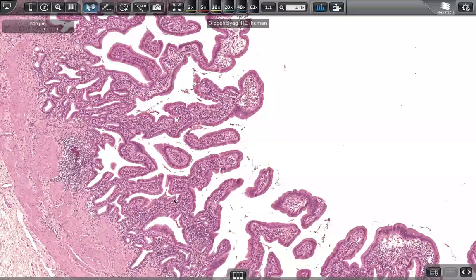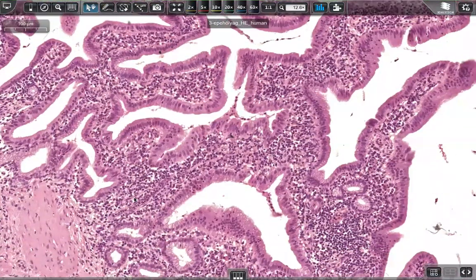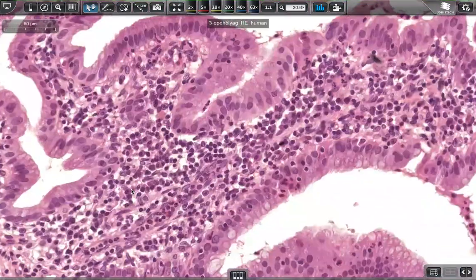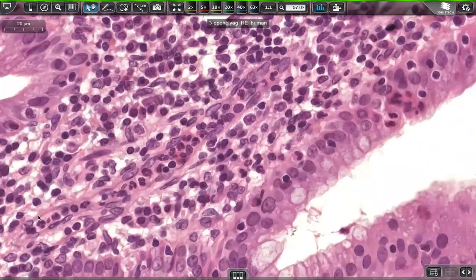Then these mucosal folds at the center represent the lamina propria. The lamina propria is a cellular rich, loose connective tissue having numerous lymphoid elements, so it's quite similar to the intestinal wall. Here we can see a vessel. Look at that.